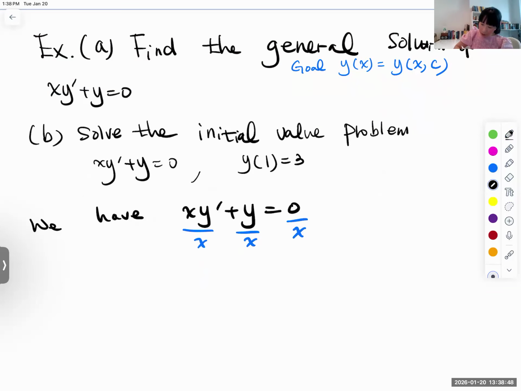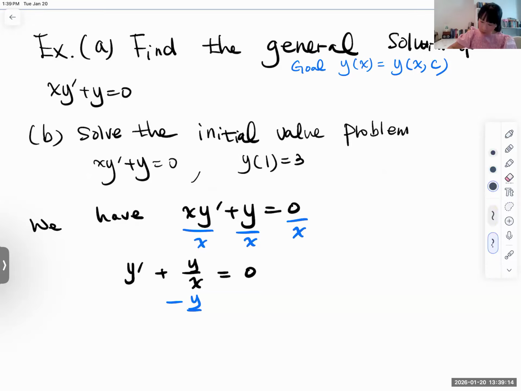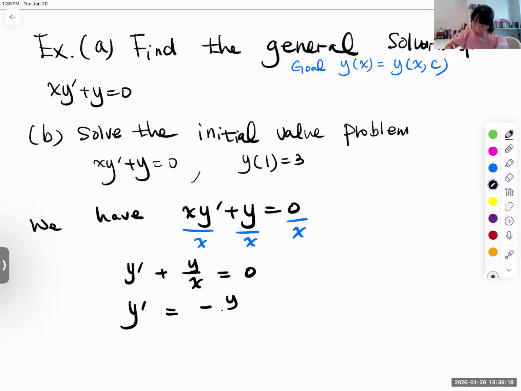All right, so there will be y prime plus y over x equal to 0, right? Okay, then, let us do one by one, right? So we can move the y over x to the other side. So there will be y prime equal to negative y over x, yeah?